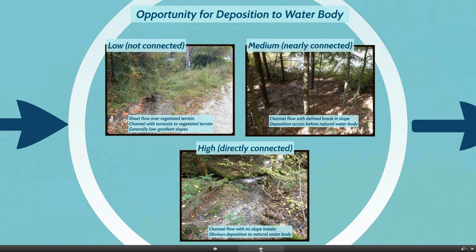Oftentimes you'll see a delta of sediment running out into the stream, or even for a good distance downstream. So those are the sites that are the most damaging, and the sites that should be prioritized for water quality. Those are the ones that we want to get at first, because that's where sediment's getting into the stream, smothering the habitat, and also getting flushed downstream eventually to Lake Champlain.